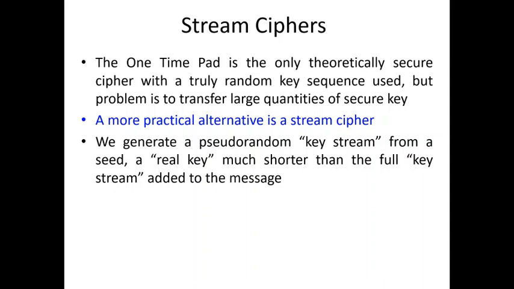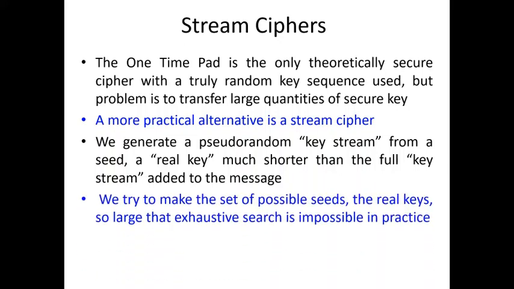That real key is not the actual key, but it may represent the seed value. The algorithm is agreed upon beforehand between the transmitter and receiver, so that using that seed value, the receiver can use his own pseudo-random number generator and generate the keys.